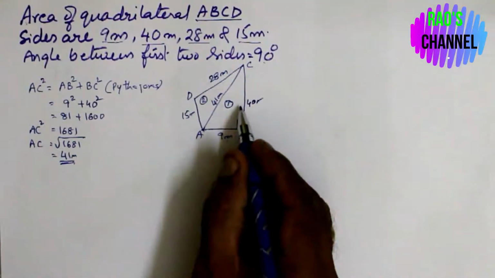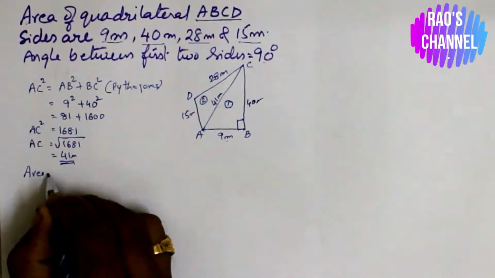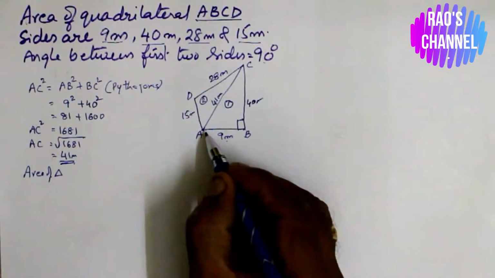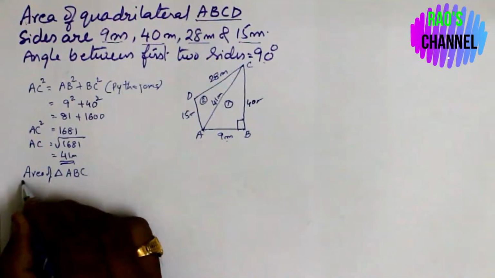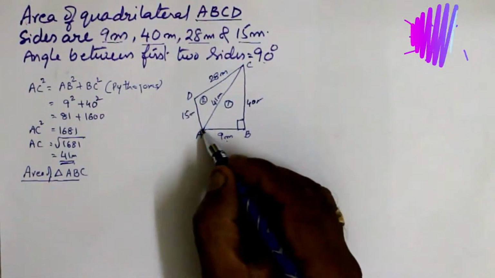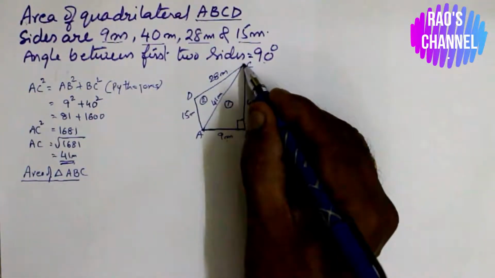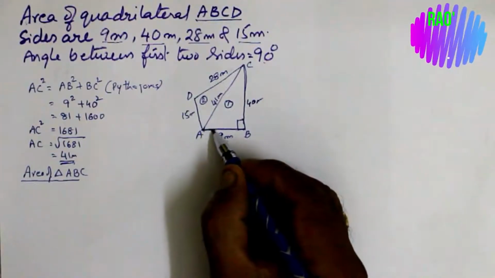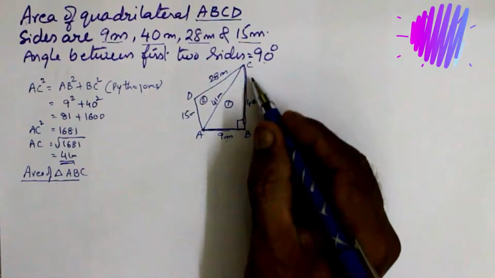Now, I find the area of the first triangle, that is triangle ABC. We know the area of the right angle triangle can be found by half the product of legs, since one leg is the perpendicular on the base. So half base into height gives the area.